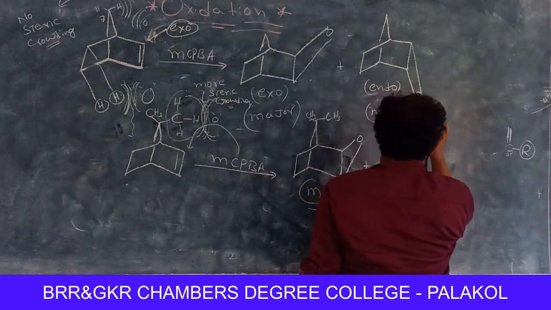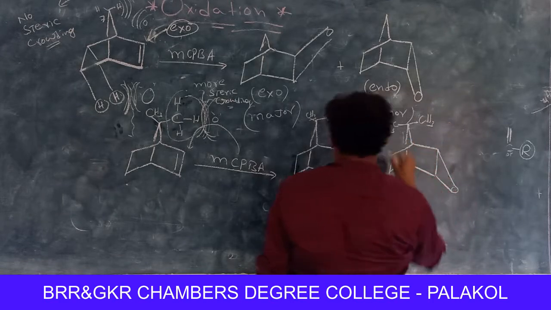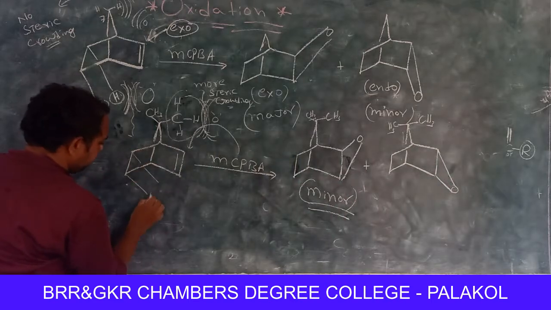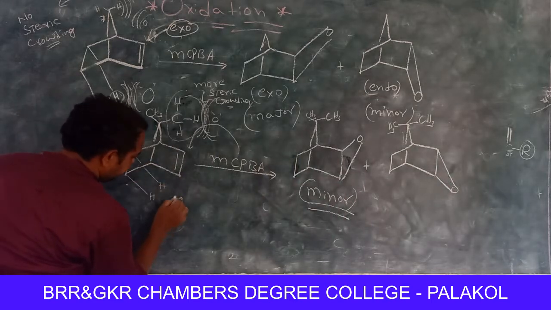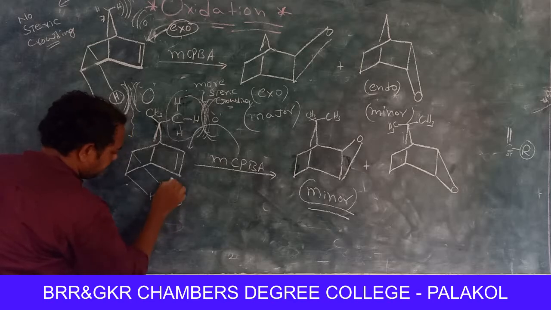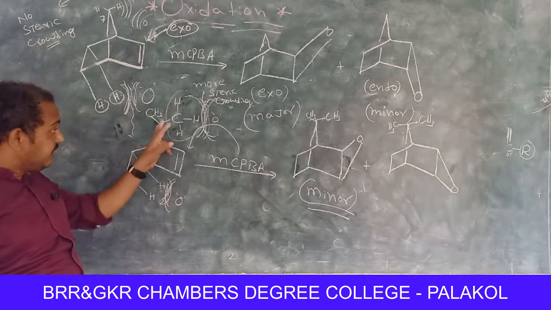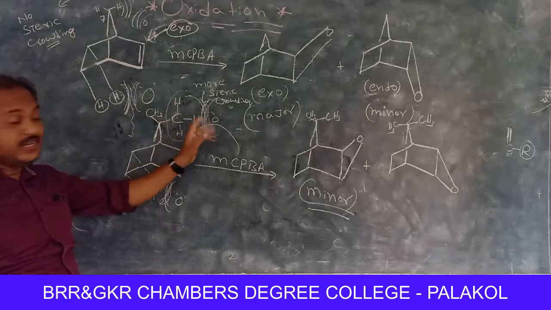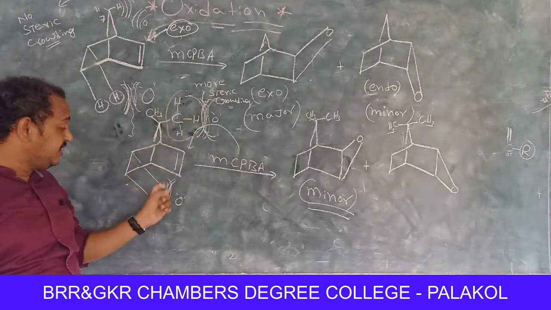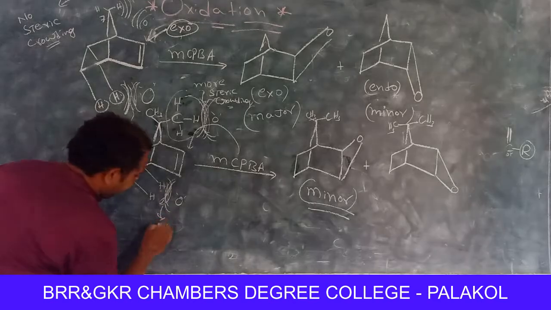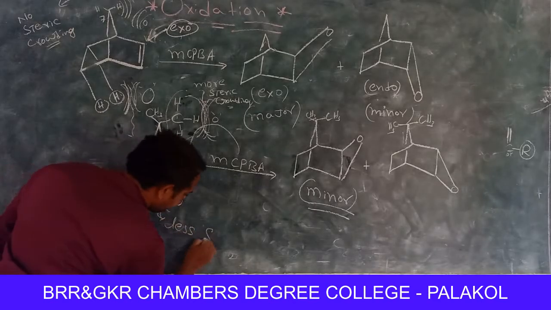You can ask, but in endo these two hydrogens restrict the incoming oxygen. You may raise this doubt. But when compared to this steric crowding, this steric crowding is less.